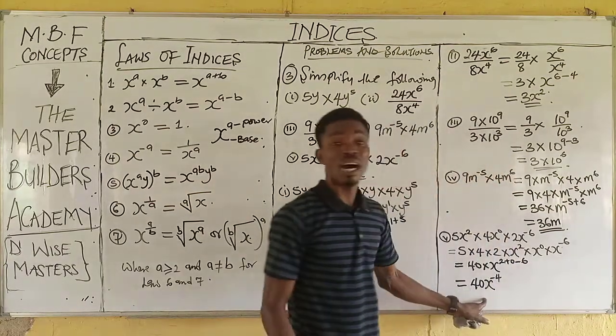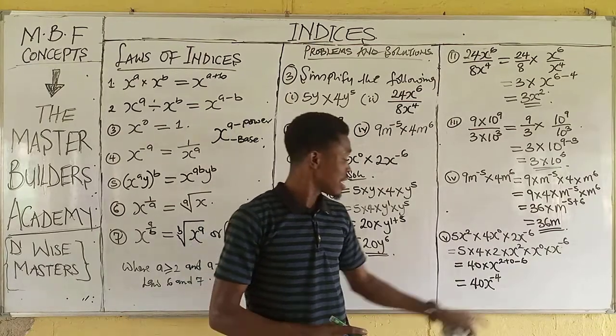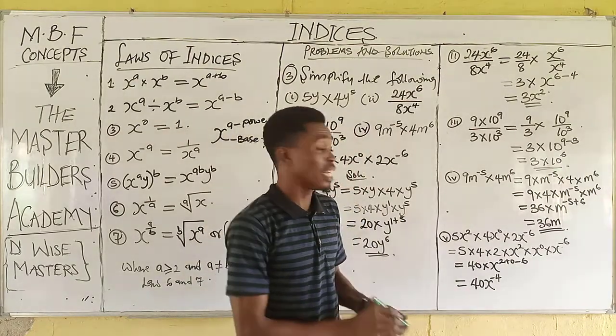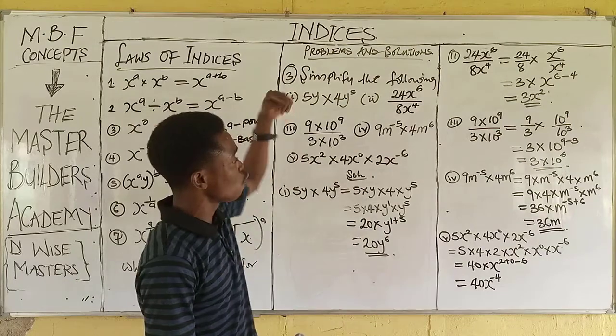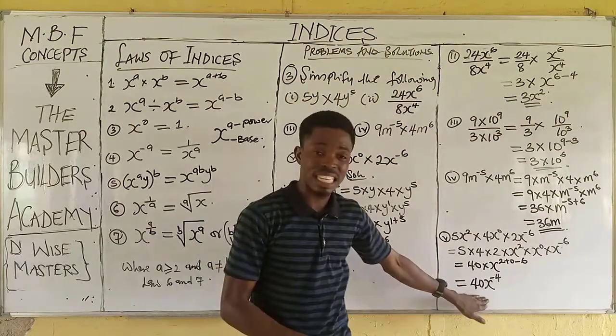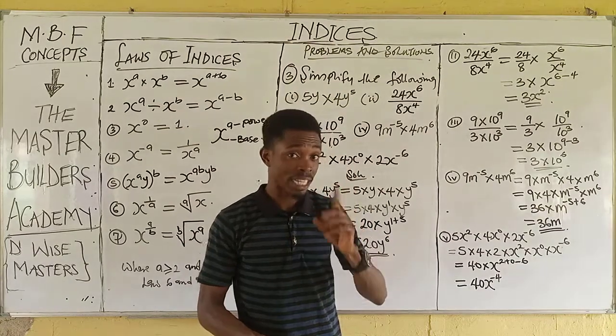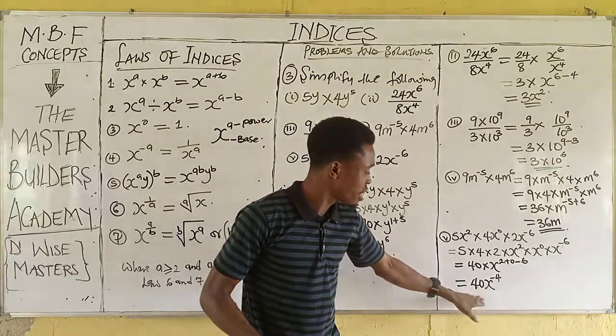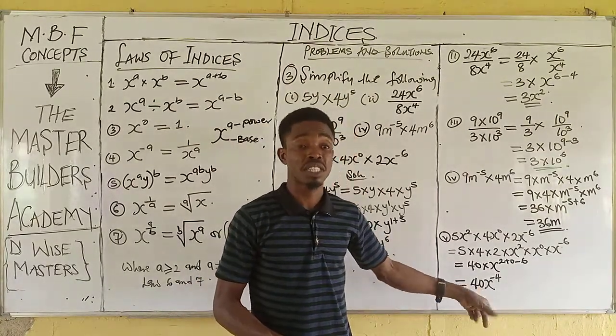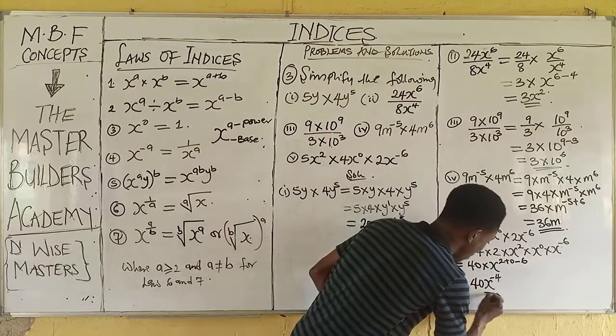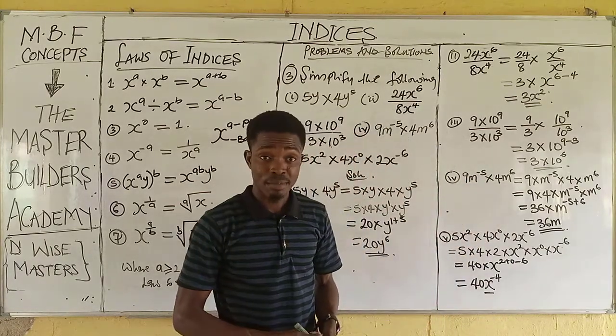And we cannot leave our answer like this. Don't forget, this is a question that you can be given. In fact, it was one of the questions we were given in question number 2 that we solved earlier. So you cannot leave your answer here having a negative power. It is not accepted. Don't forget, it is not accepted. So I need to remove this negative power. And for me to be able to remove this now, I need to understand that this power only affects x. Are we there?